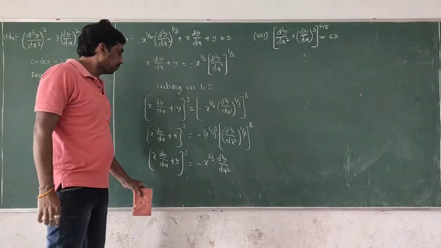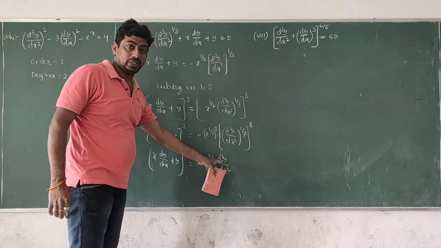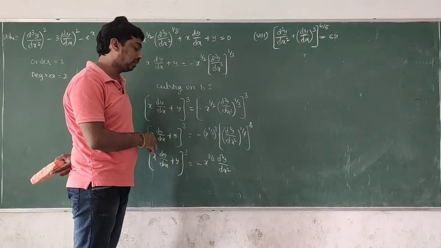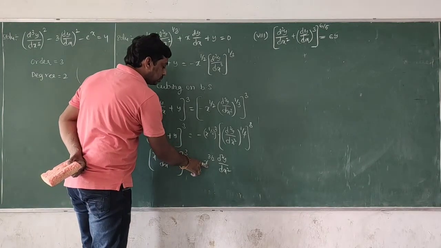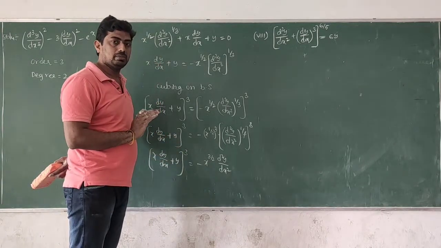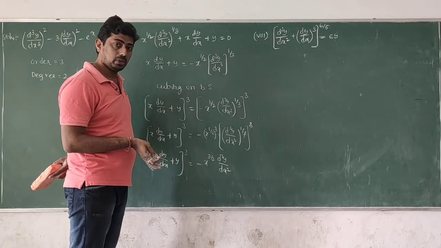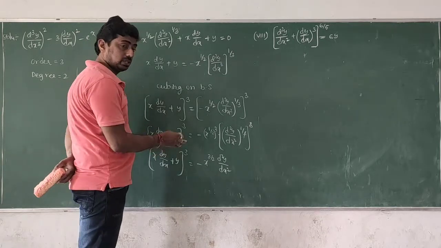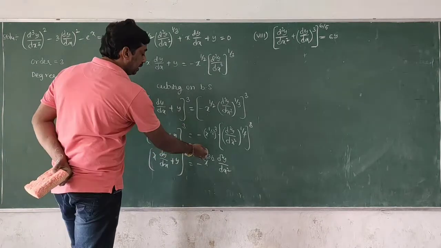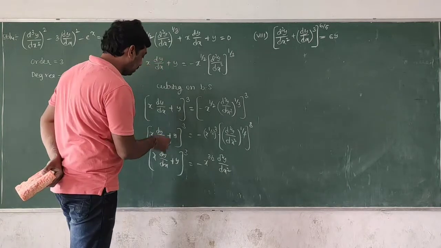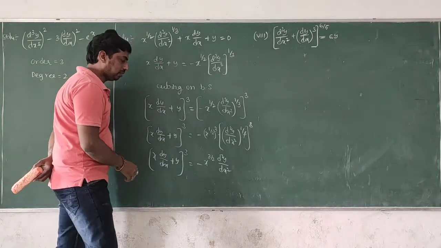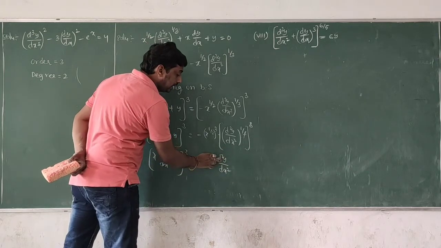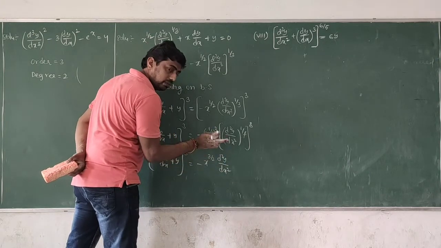Why? Because here the order is 2, degree 1. Your doubt is that power 3 by 2 is there, that is a fraction. No, that power belongs to this x only, not the derivative terms. If it were dy by dx whole power 1 by 2 or dy by dx whole power 3 by 2, the derivative terms being fractions, then only we can simplify it. Here x power 3 by 2, no need to simplify or expand, because the order is d square y by dx square with power 1.